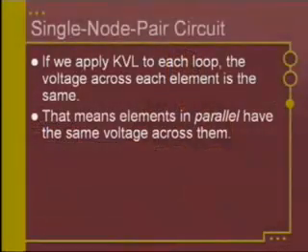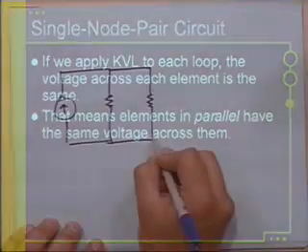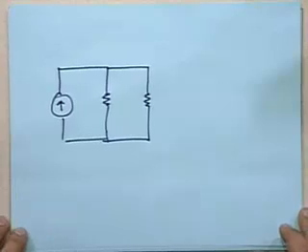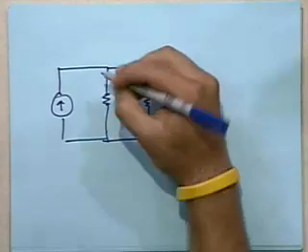So let's look at single node pair circuits now. These are similar kinds of simple circuits that get us going on what we're looking for. In this case, we're going to change our circuit a little bit such that instead of having a single loop, we essentially have 2 loops now.